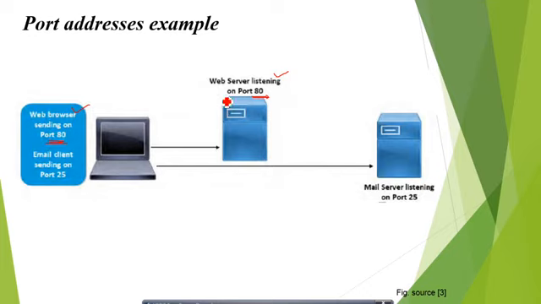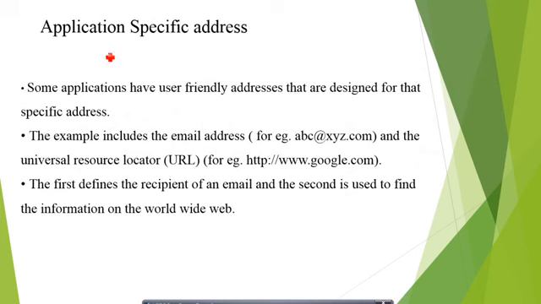Now this is an example. You can see in this system the web browser, your client program, is sending messages on port number 80, because here you can see the web server is listening on port number 80. All the requests which are received at port 80 will be received by this server itself.